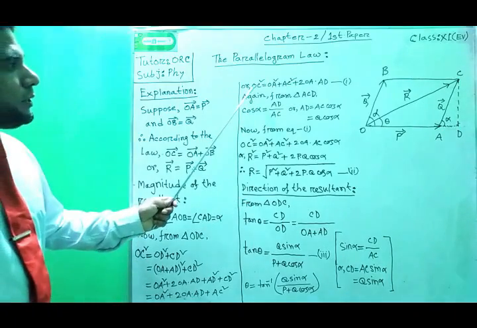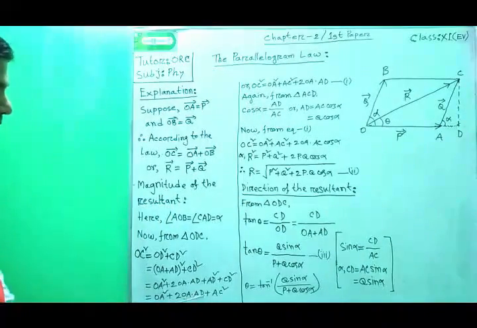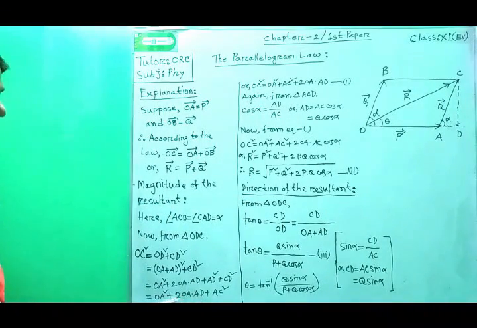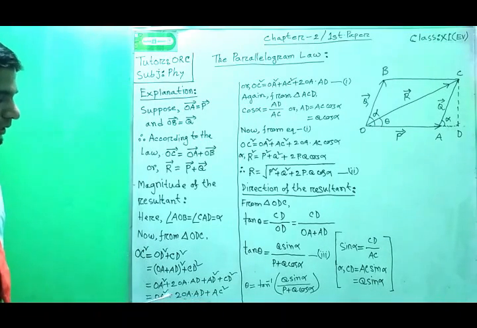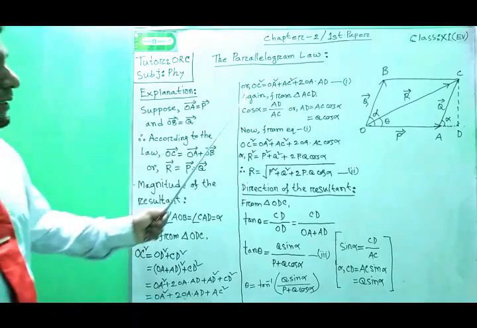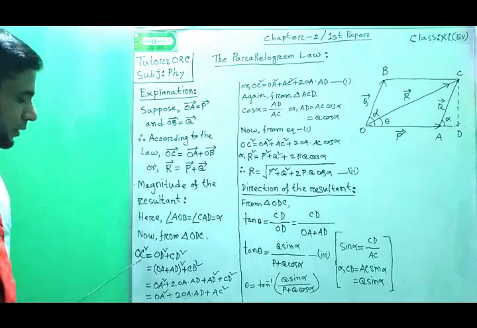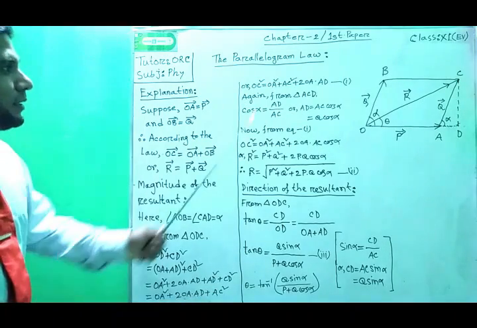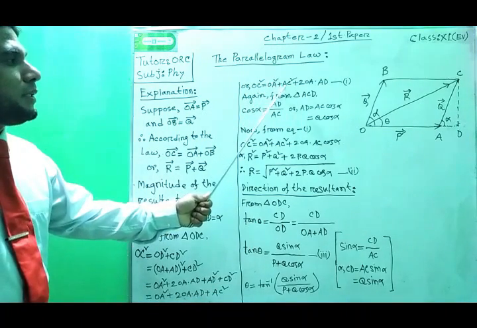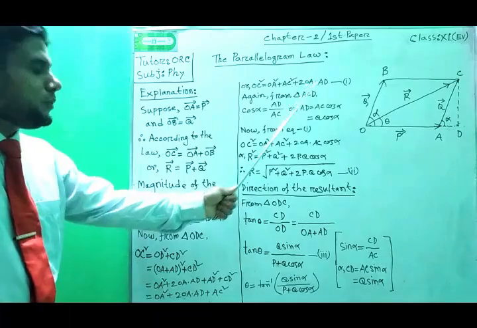So in the same case, we can rearrange this by putting the square quantities one after another. OC square equals OA square plus AC square plus 2 OA into AD.